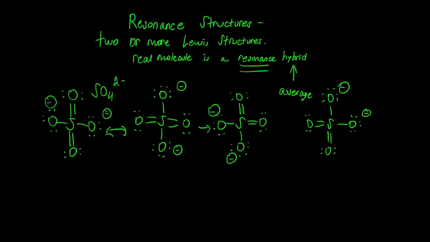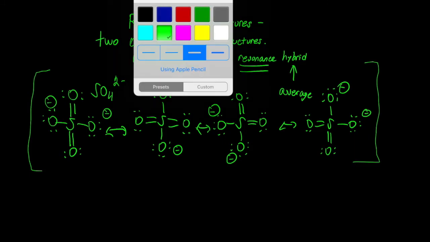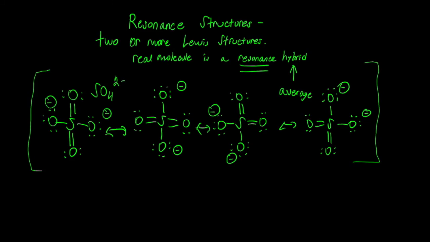Are these the same thing? Can we just rotate the molecule in some way, or are these different? Are these different structures? Do they have different properties? And we say that, well, sulfate can be an average of all of these in some way, and the real molecule is going to have only one sulfur-oxygen bond length, okay?